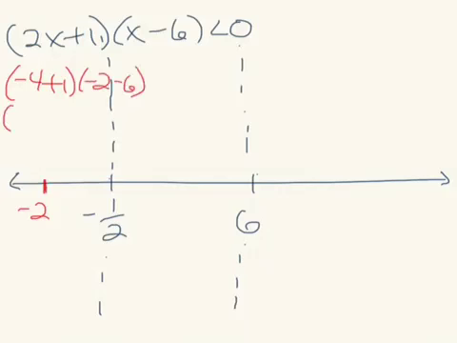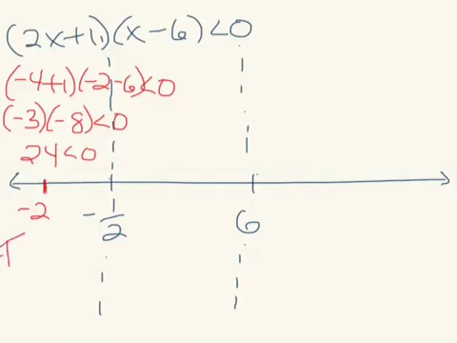So the first parentheses is going to be negative 3, second parentheses, negative 2 minus 6 is negative 8, and when I multiply those together, I get 24. And these were all supposed to be less than 0. Well, unfortunately, 24 is not less than 0, so I'm going to put false.